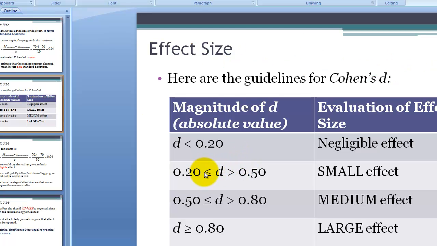So d was 0.25, so it's a small effect. It wasn't medium, and it was not a negligible effect. It was actually a small effect.